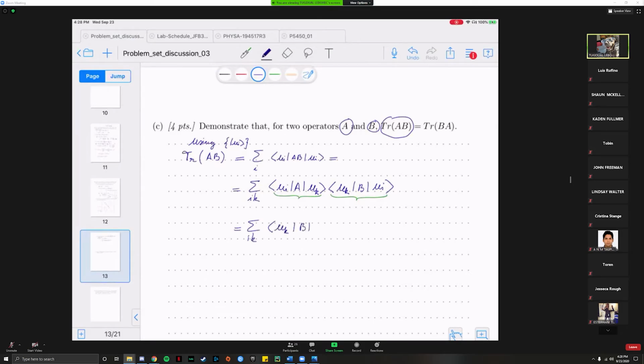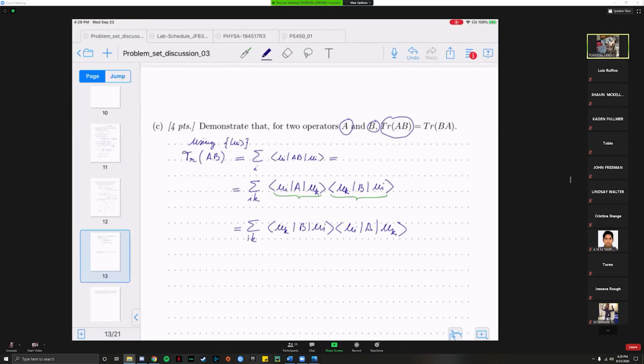So I have <u_k|B|u_i><u_i|A|u_k>. And then again, you say, okay, we are summing over i, and we have this |u_i><u_i|, that's the closure relation, so that's the identity.